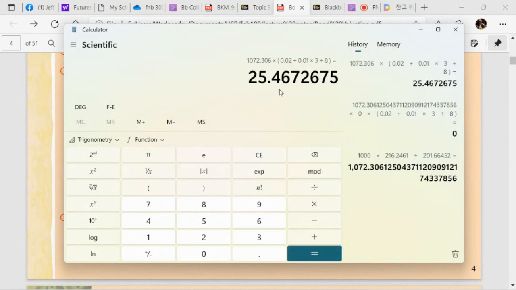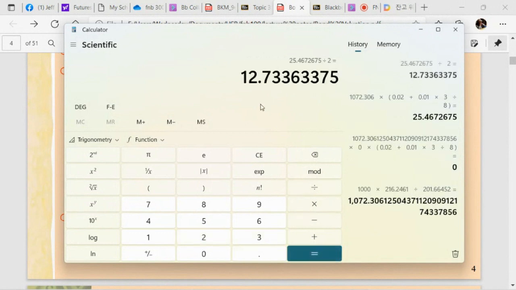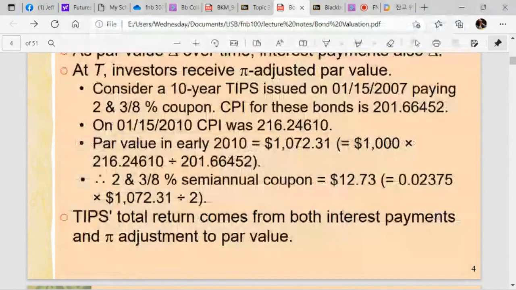Enter. Yeah, that's the annual coupon. So if you divide it by 2, it should give you something like this, right? Semi-annual, 12 points. So that's how you calculate it. That's how you adjust the TIPS for inflation.